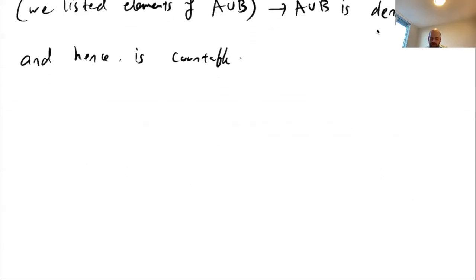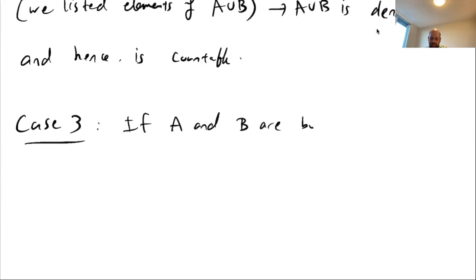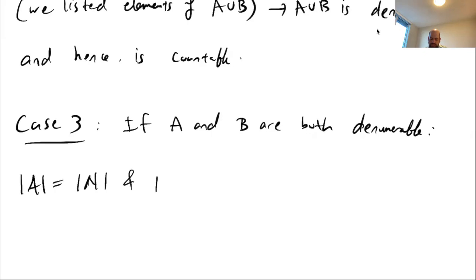Okay, so then the final case, case 3. If A and B are both denumerable, cardinality A equals cardinality N, and cardinality B equals cardinality N, then what can I say?